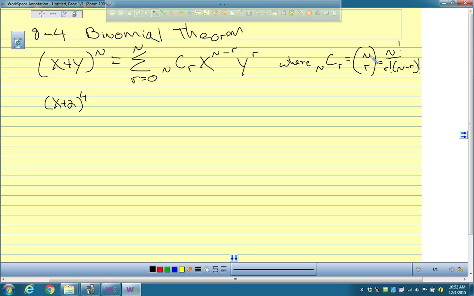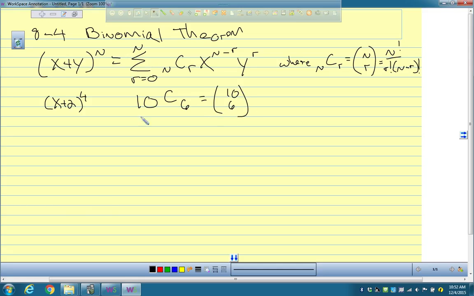It's n things taken r at a time. For instance, in real life you'd use this if you have a committee. If you have 10 people, let's just do 10 combination 6, which you can rewrite as 10 over 6 this way.